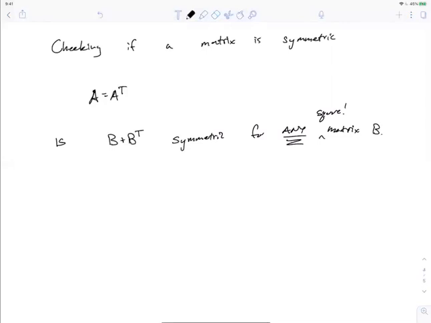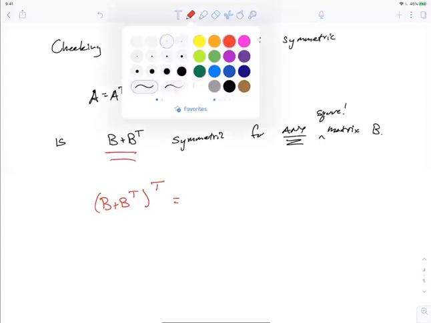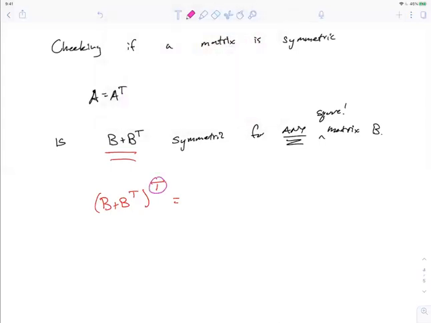So is this going to be true for any square matrix B? What we want to check is, does this matrix equal its transpose? When you transpose B plus B transpose, what do we get? We just apply the transpose, and the transpose distributes over addition. That's the same thing as flipping the rows and columns of B and flipping the rows and columns of B transpose.